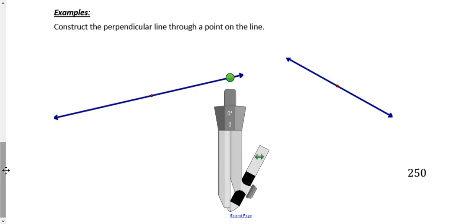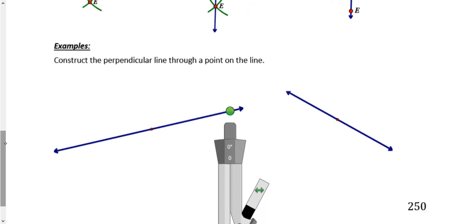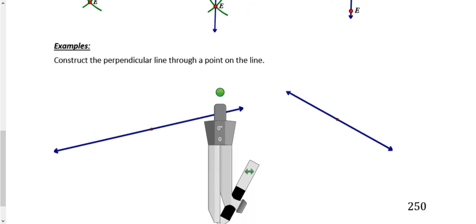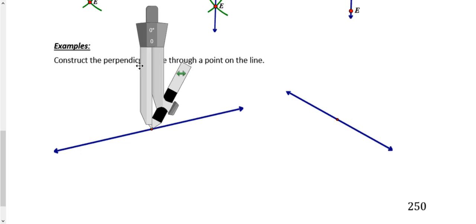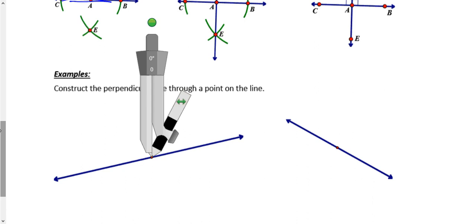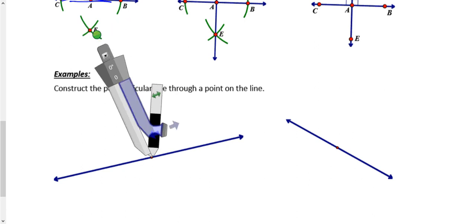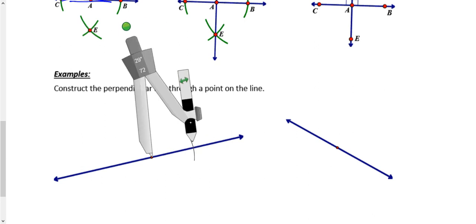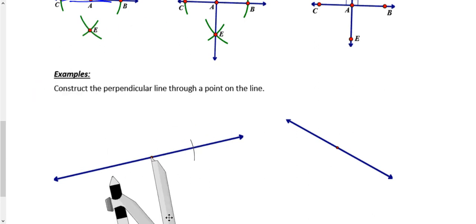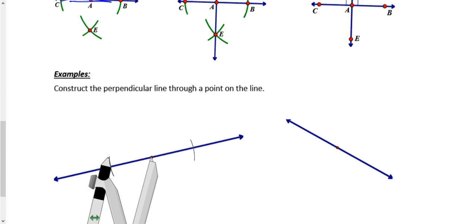So, first thing I'm going to do. Put that on there. Open it up some distance. Doesn't matter too much how far, right? There, screw it around, get a mark here.